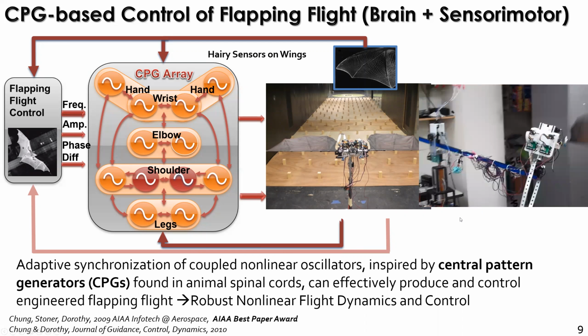I applied that to flapping flight, because flapping flight is not just flapping your wings up and down. It's going to be maybe 2 DOF or at most 4 DOF. But if you look at bats or birds, they have multiple joints on the wings. For example, bats have 34 to 36 degrees of freedom on the wings.